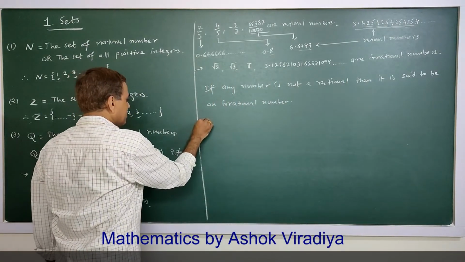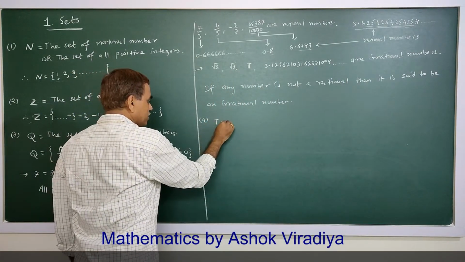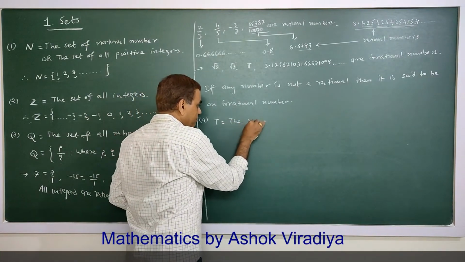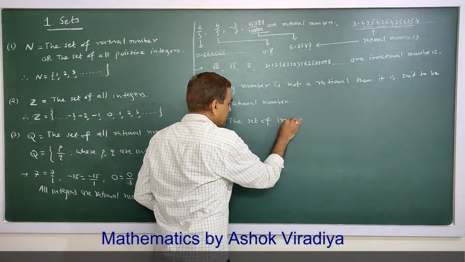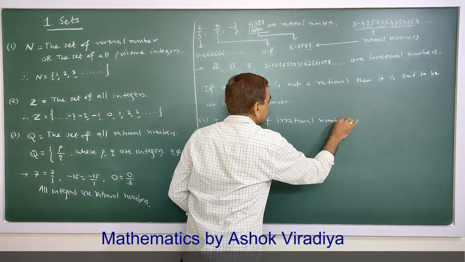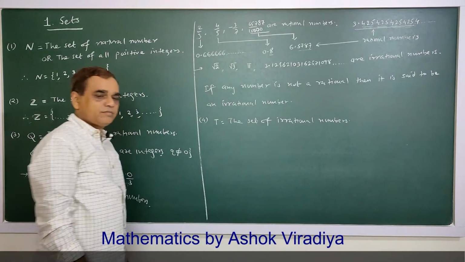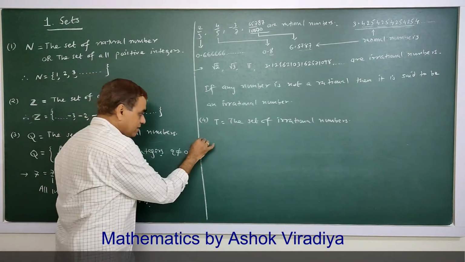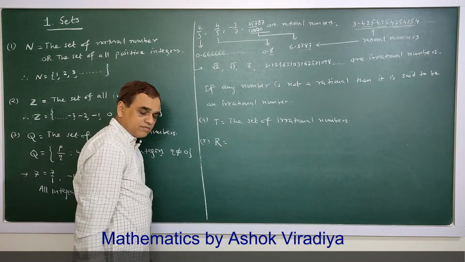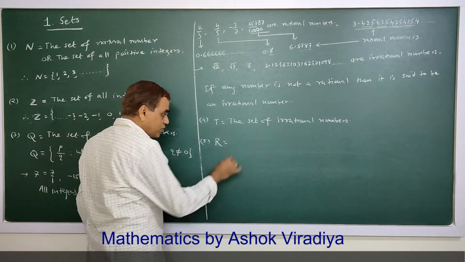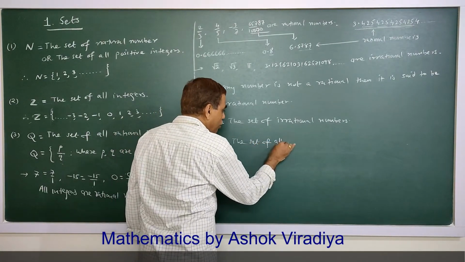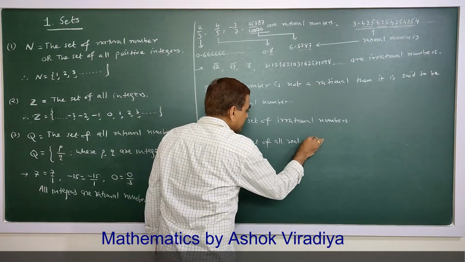Sometimes the symbol T is used for the set of irrational numbers. Then the fifth symbol is R. This symbol is used for the set of all real numbers.